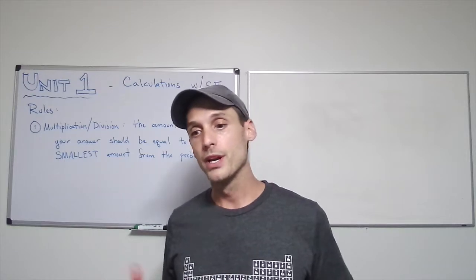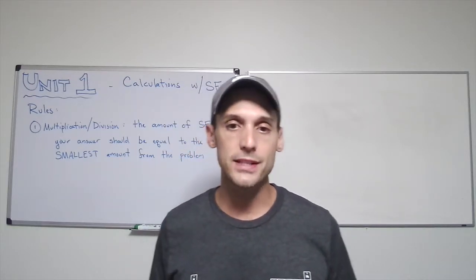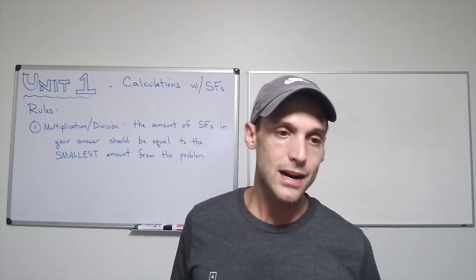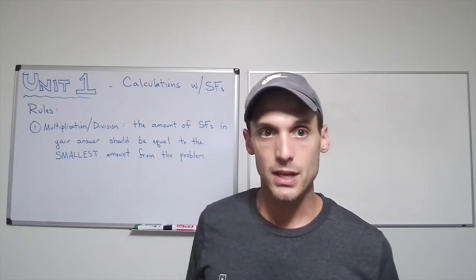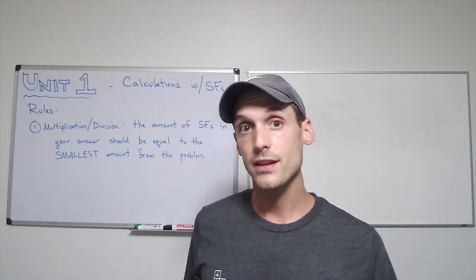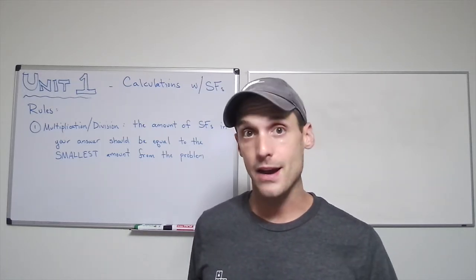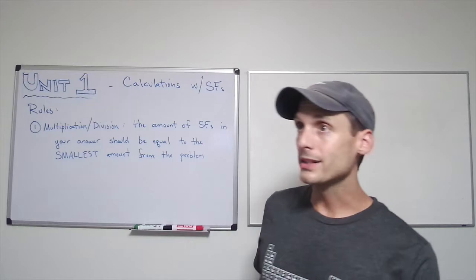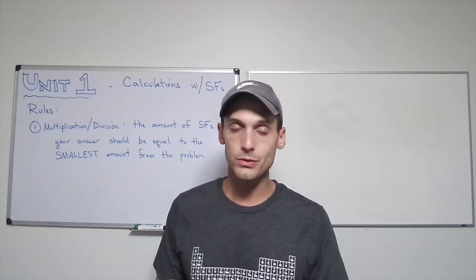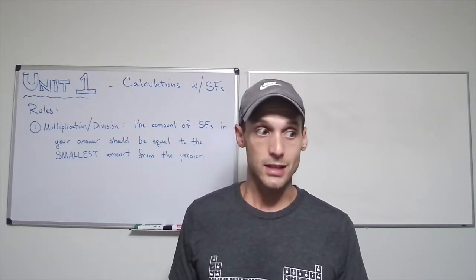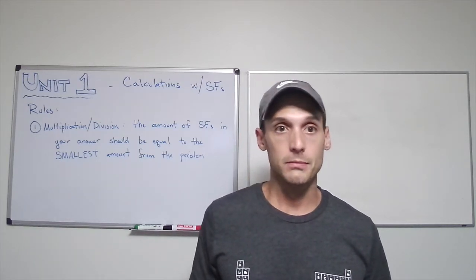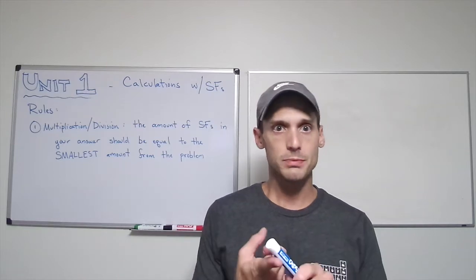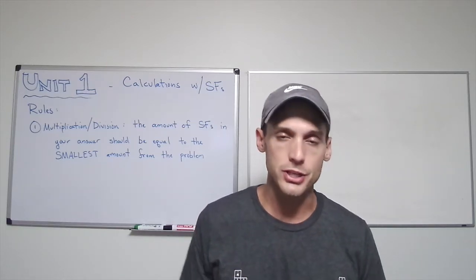So just remember, the reason we have SigFigs is that you cannot report a measurement that is more precise than your measuring device allows. Okay? But what we end up doing with those measurements is a lot of times calculations, right? Which involve numeric or algebraic operations, multiplication, division, addition, subtraction.